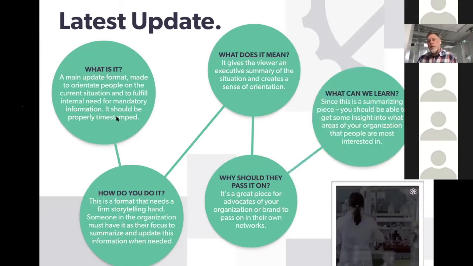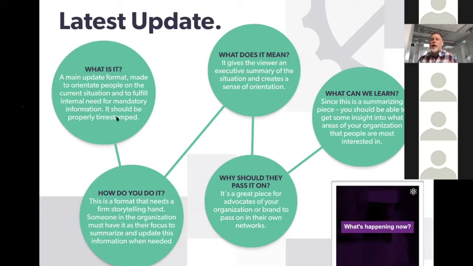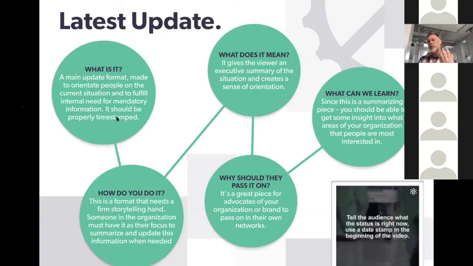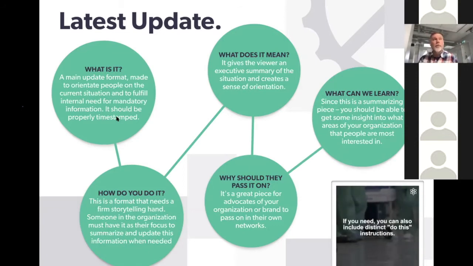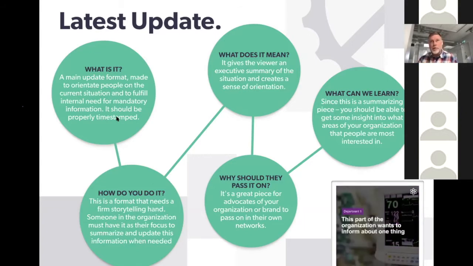And what can we learn from this then? Well, this is a summarizing piece, but we should be able to get some insight into what areas of the organization people are most interested in. And when I say that for all these formats, what can we learn, where do we learn this? We can learn this from looking at retention, views, and regular sharing patterns. But we could also look at comments and other types of communication around this.